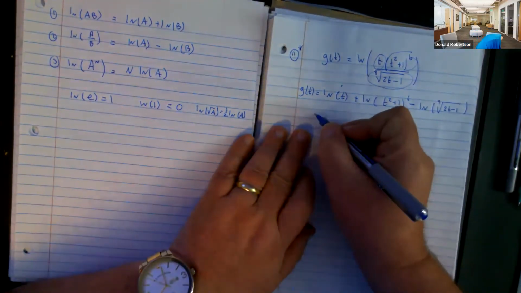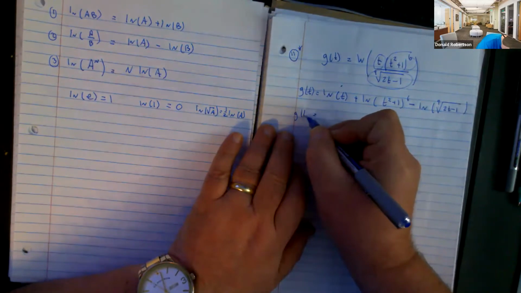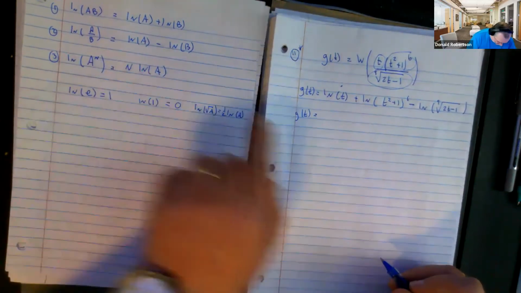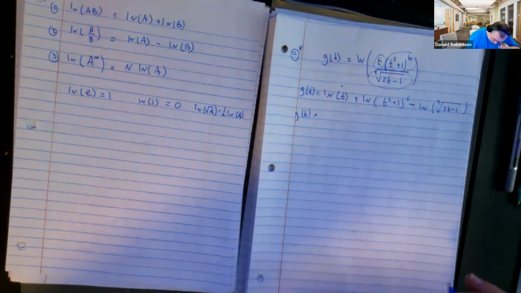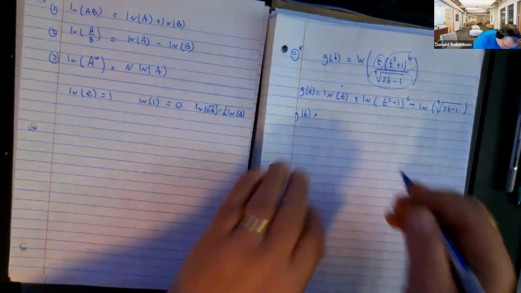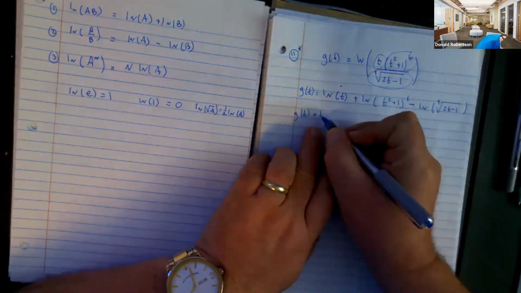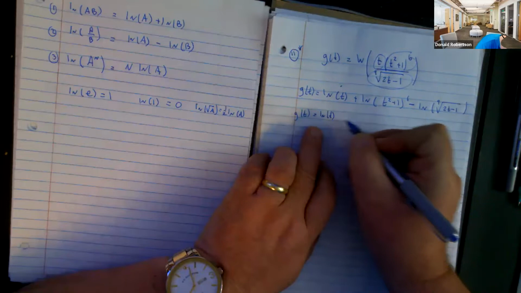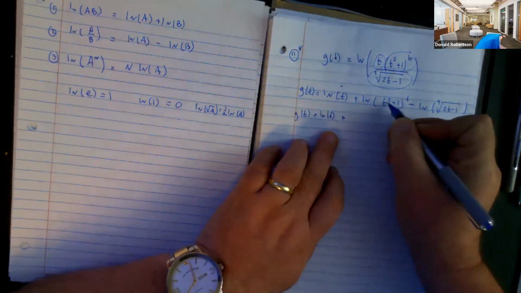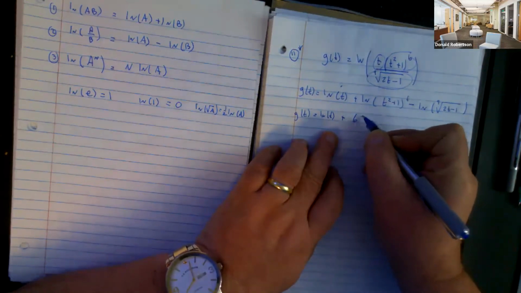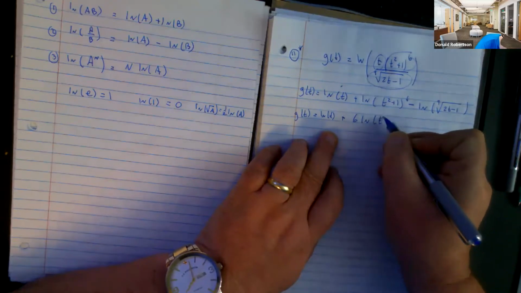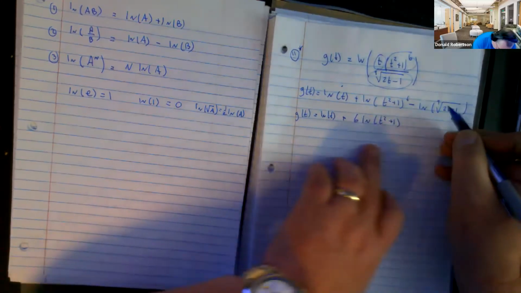And sometimes you can do a little bit more. Sometimes you can use rule 3, which basically takes powers and square roots and makes them into multiples of a log. So this is the log of t, this is good. This guy to the power of 6 can be written as 6 times that fella.